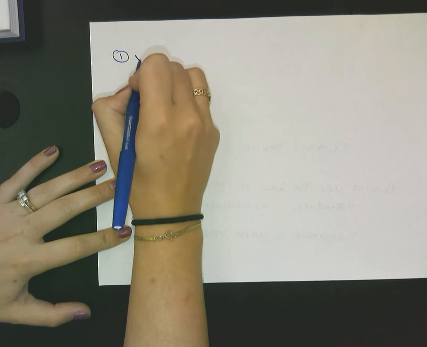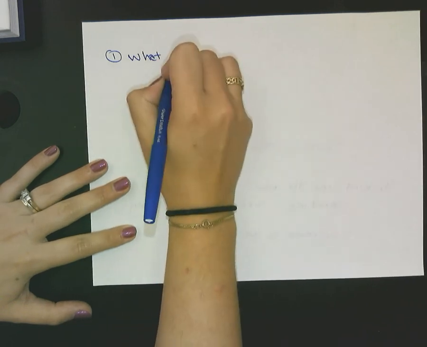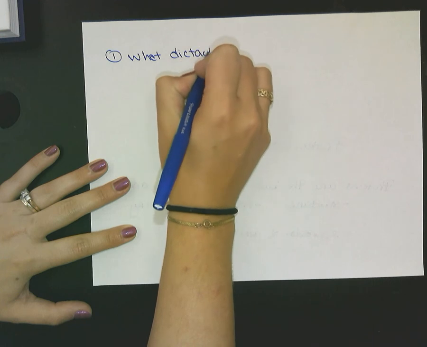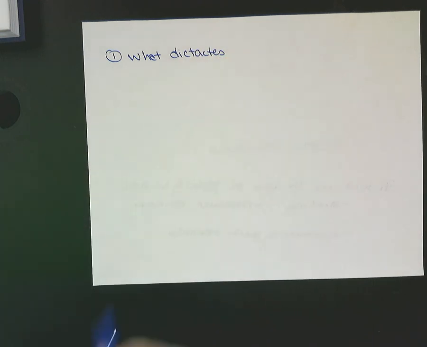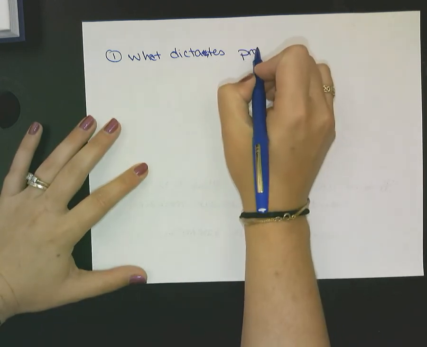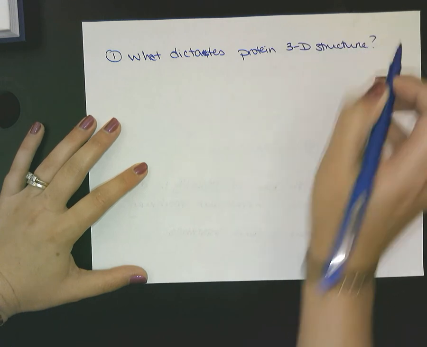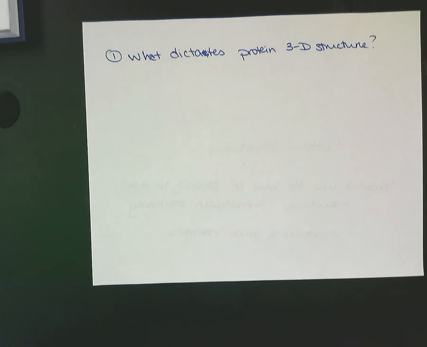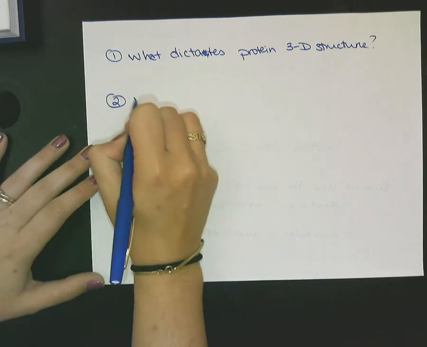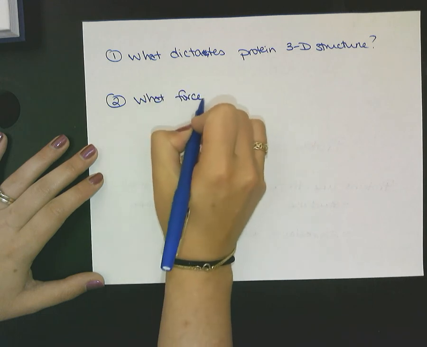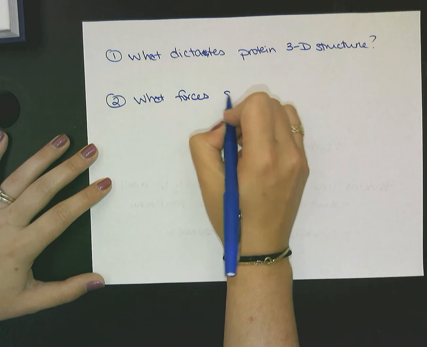So some questions we're going to want to ask as we look at proteins and protein structure. That's not spelled right at all. Dictates. Too many C's. What dictates a protein's 3D structure? What forces stabilize this 3D structure?